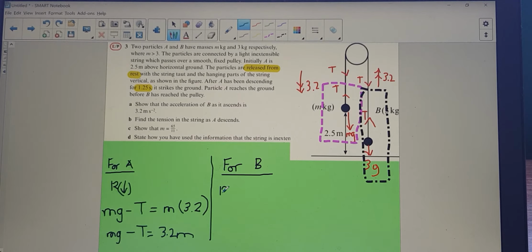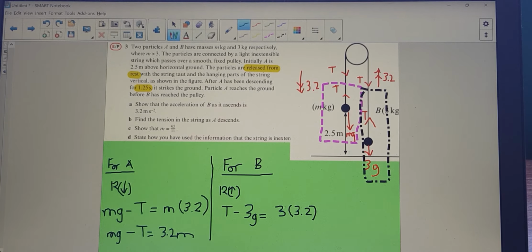So I will resolve upwards. I've got T minus the weight acting against it, which is 3g, is equal to the mass, which I'm told this time is 3, times the acceleration, which is 3.2.